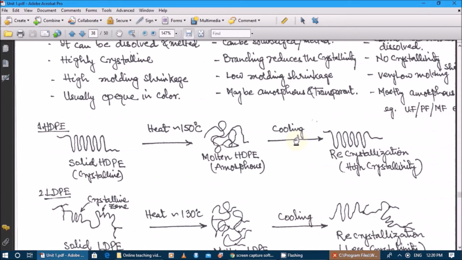If the rate of cooling is very slow, you can say 10 degrees centigrade per minute or 5 degrees centigrade per minute, then the chain will crystallize perfectly.